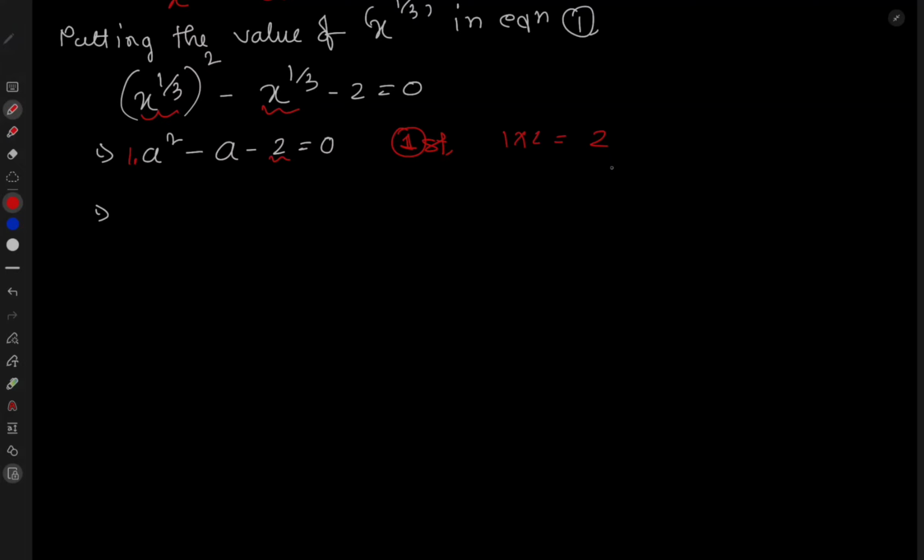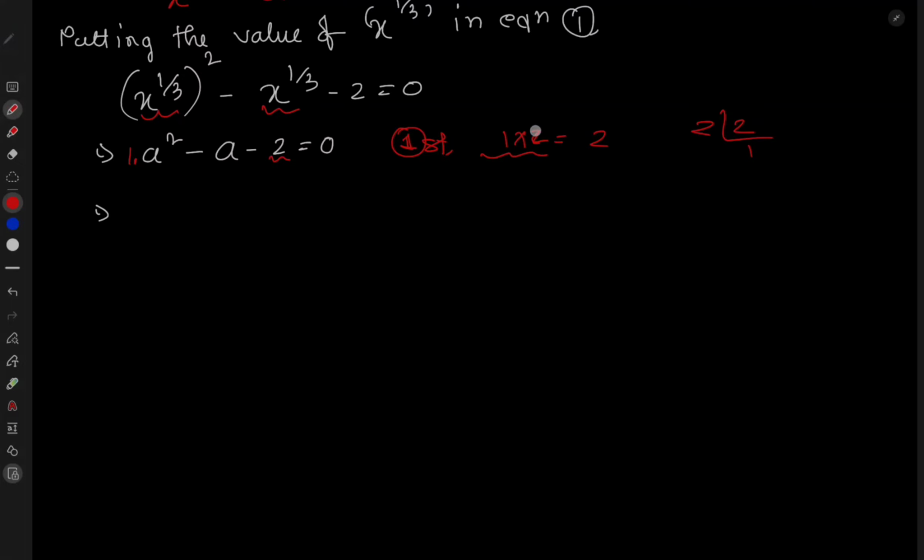Now we have to find a relation of factors. 2 has only two factors, that is 1 and 2. If we factorize by the prime factorization method, 2 divides only one time, so 2 ones are 2. So the relation of 2 has only 1, that is 1 into 2.